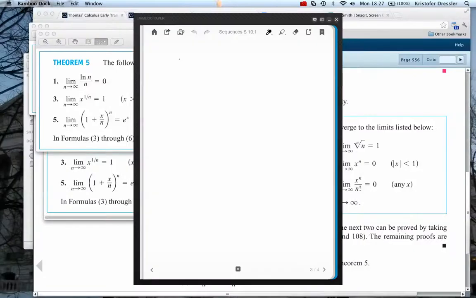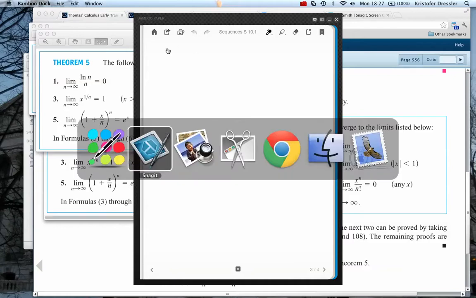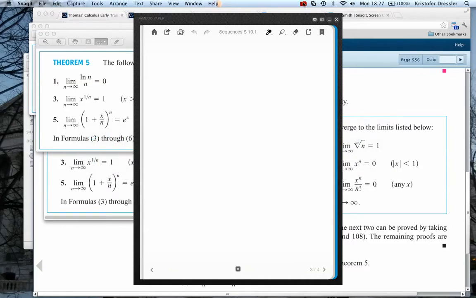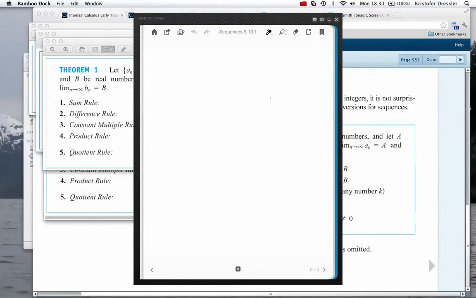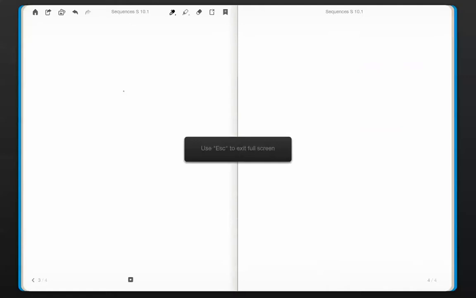So let's charge ahead here. There are a few rules. Page 553, theorem 1. I'm going to pause this and get an image of this for you.